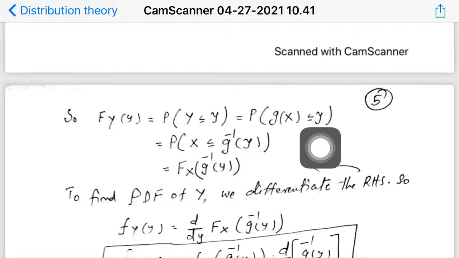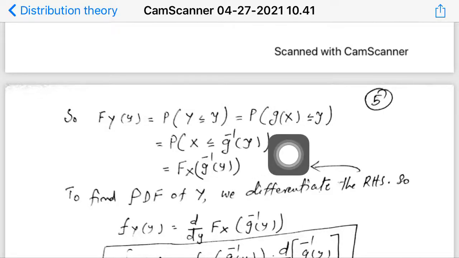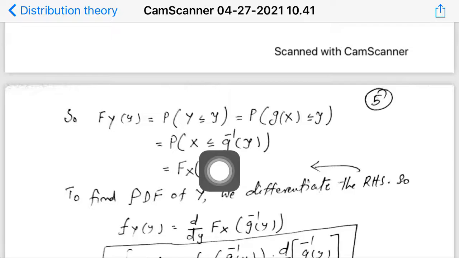You note that the inequality less than or equal to is preserved here because it is a strictly increasing function. It is worth noting that if g of x is a strictly decreasing function, this inequality will be reversed. That is the only change which we are going to make in the next discussion.